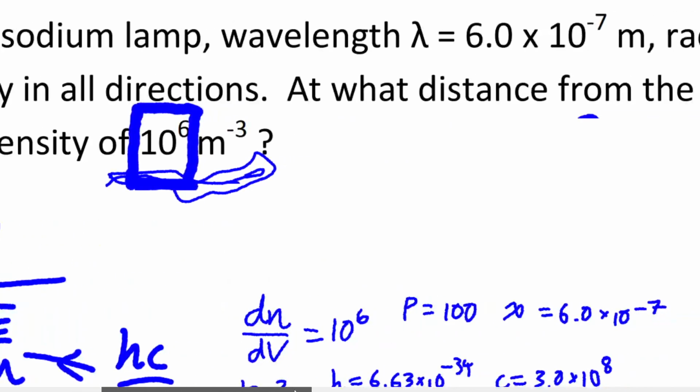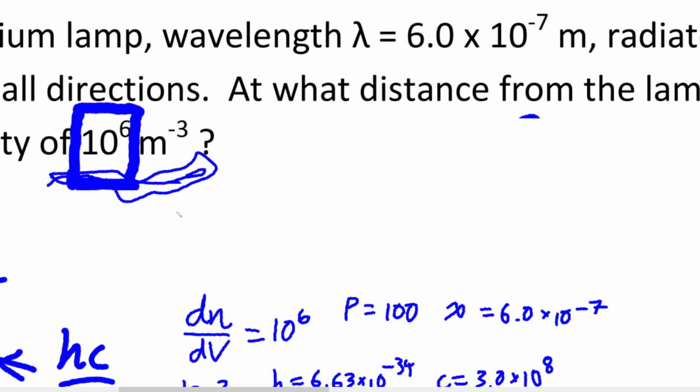So this is also equivalent to 1 photon per square centimeter. So it's actually really tiny if you think about it, this 10 to the 6 per meter cubed value, especially considering that 1 photon contains such a pitifully small amount of energy.